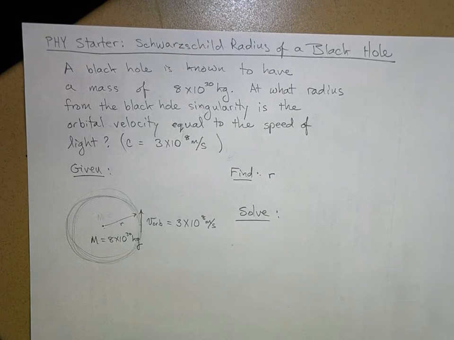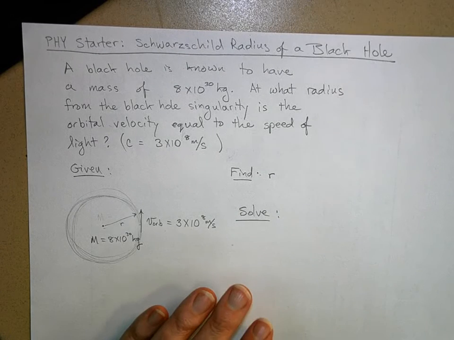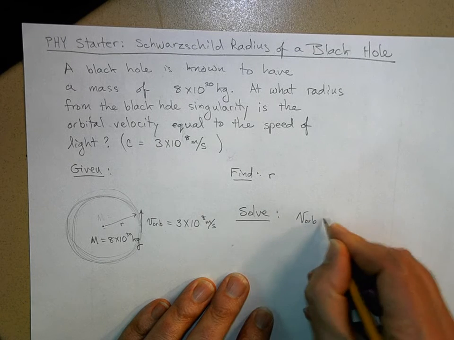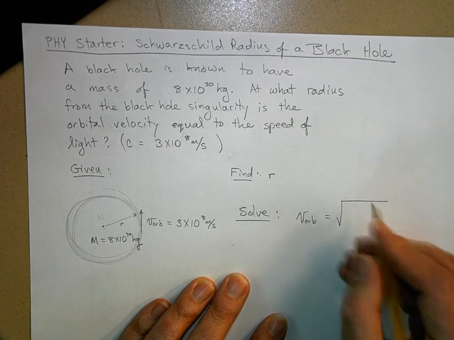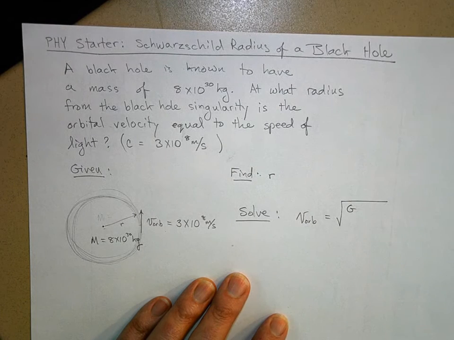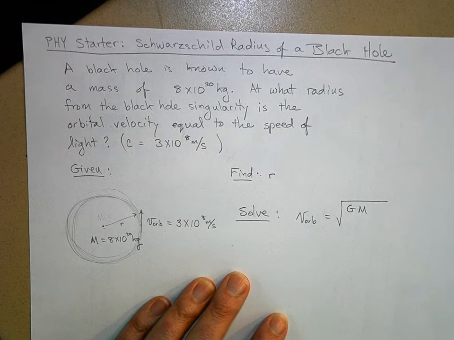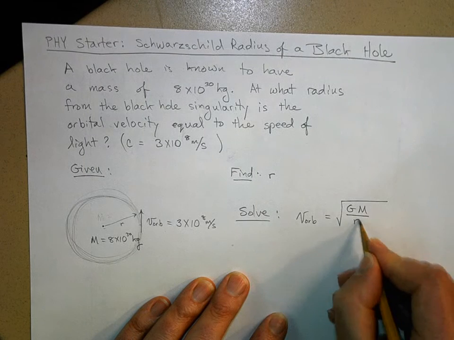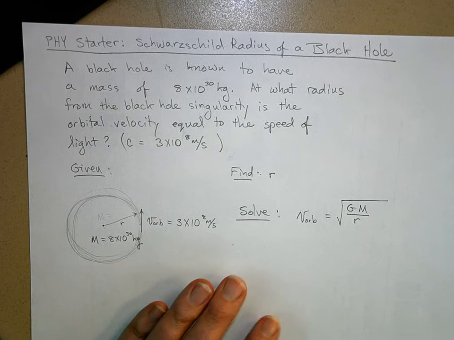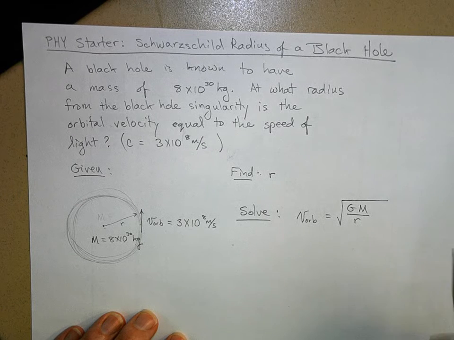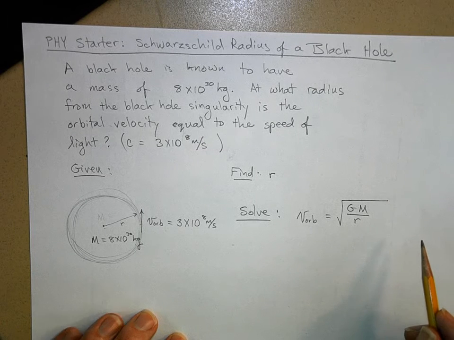We have a very simple equation for orbital velocity. The orbital velocity is equal to the square root of the gravitational constant times the mass of the object that we're orbiting divided by the orbital radius of our orbit. That's from the center of the mass to where our object is located.